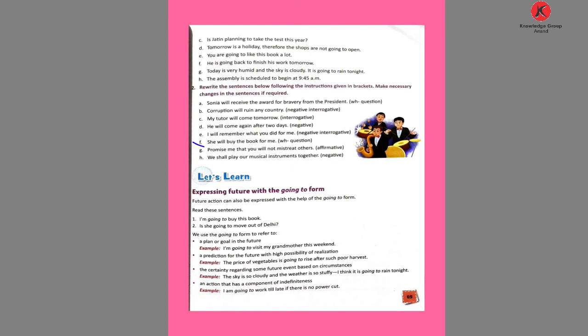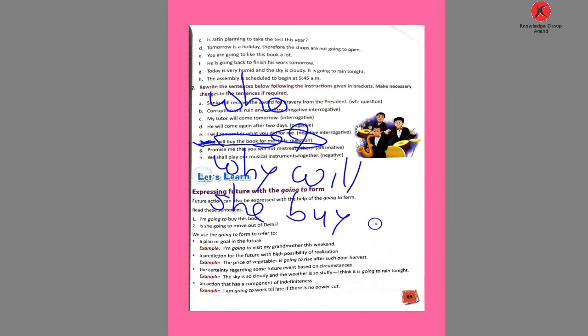Then F. She will buy the book for me. WH question. Only using this, remove "she" and add who. Who will buy the book for me? It's a simple question. And if you use why, we can use why also. Why will she buy the book?